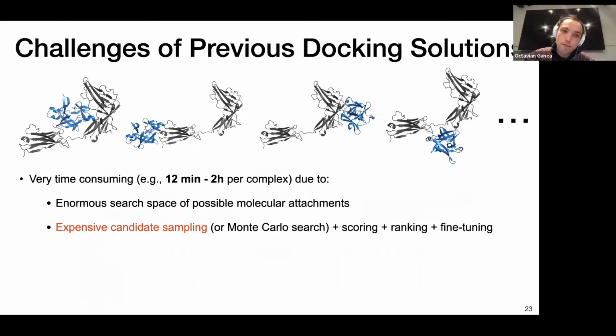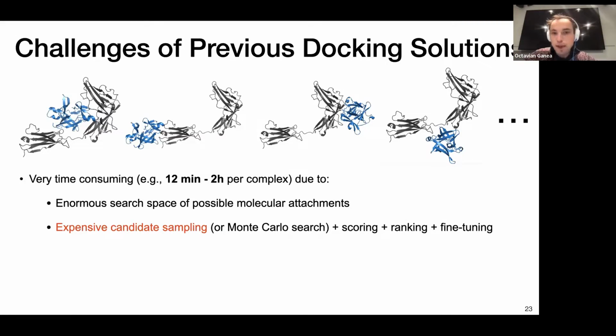So we have several challenges of previous docking methods. They are typically very time consuming, and we talk about tens of minutes to hours per single complex. And why that happens is because they are actually facing an enormous search space of possible ways to attach the two proteins. So how these models typically work is that they take the two proteins and place them in essentially all possible ways to attach them.